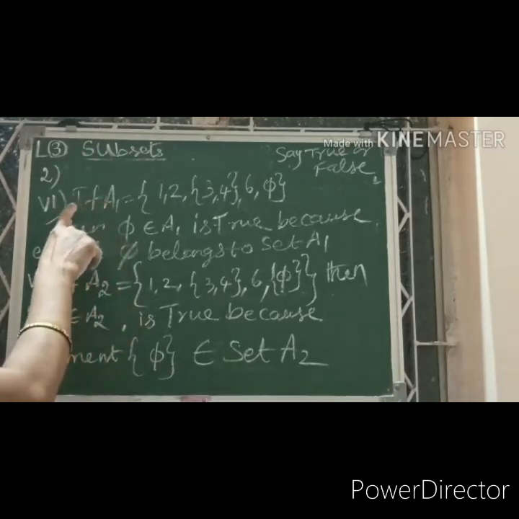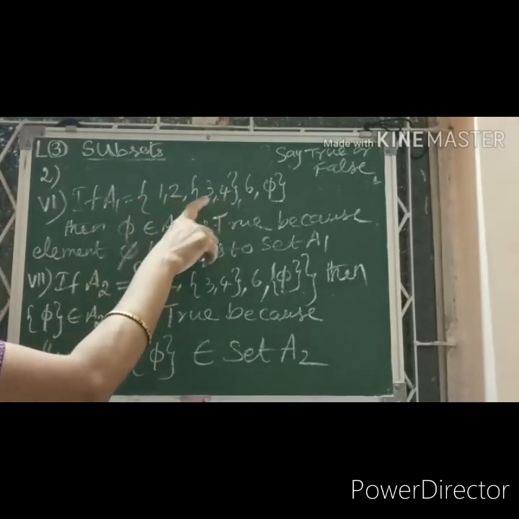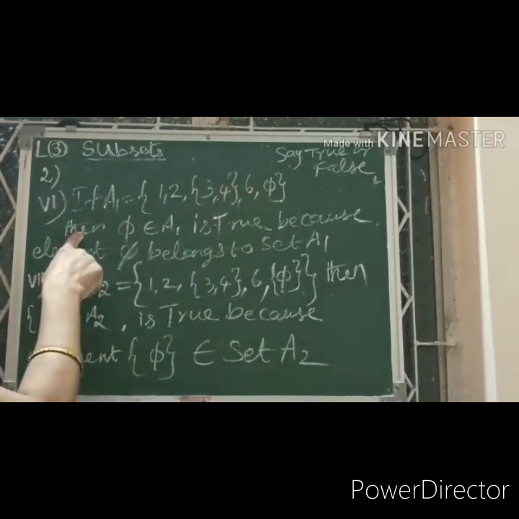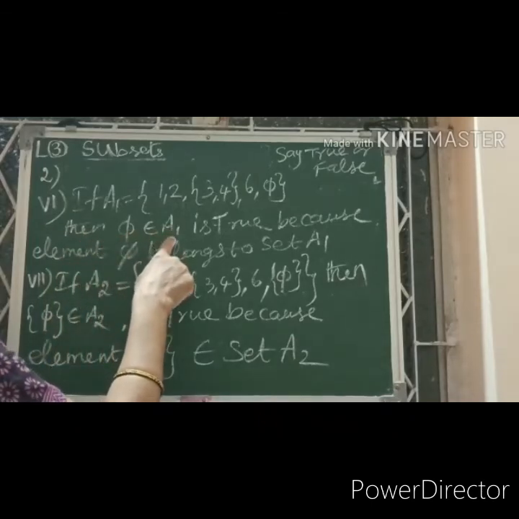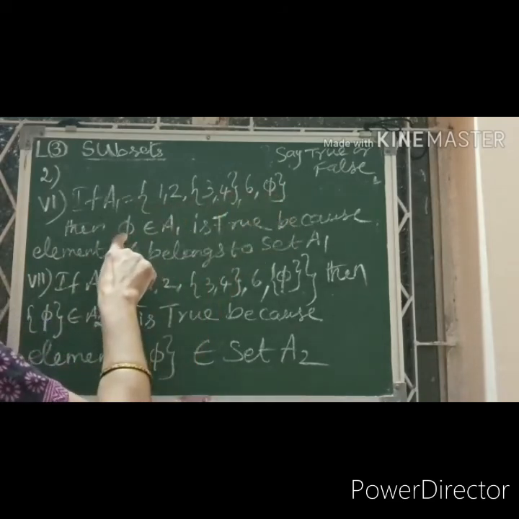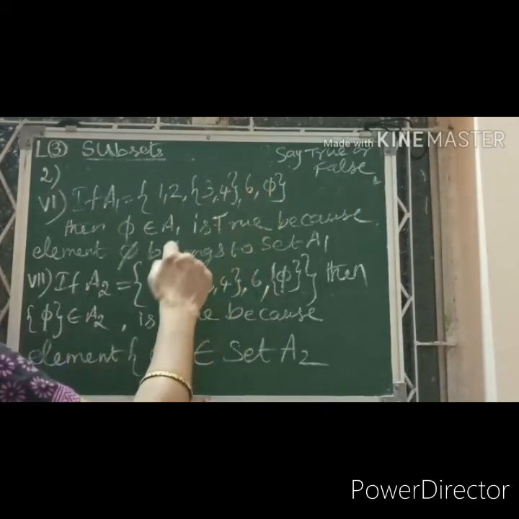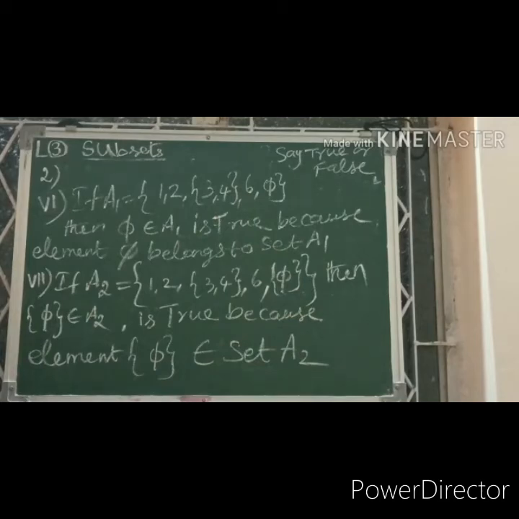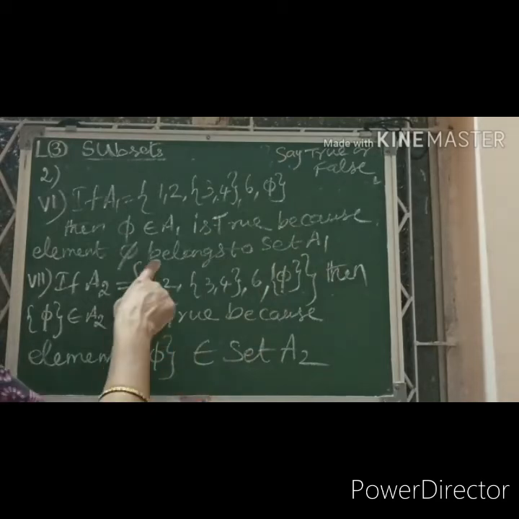If A1 is equal to {1, 2, 3, 4, {6, 5}}, then the question is check whether 5 belongs to A1. So you check whether element 5 is present in the set A1. Yes, it is here. So it is true. What is the reason? You will write here in this exercise. You will be asked, say true or false and write the reason. The reason: element 5 belongs to set A1.